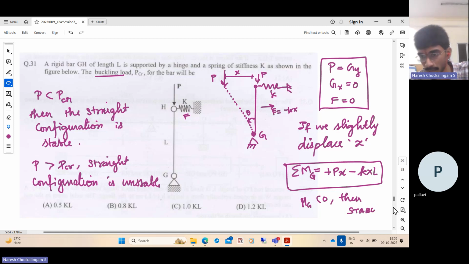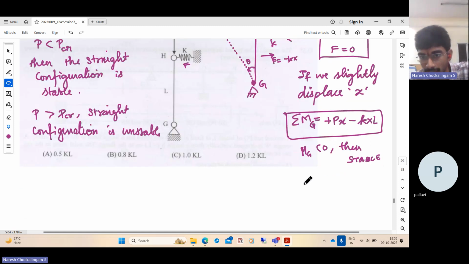The straight configuration is stable. On the other hand, if the net unbalanced moment is also in the counterclockwise direction, with theta positive taken counterclockwise, and the net unbalanced moment is trying to push the bar further to that side, then the straight configuration is unstable.